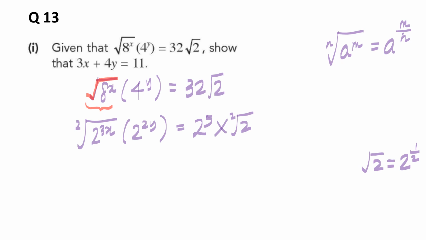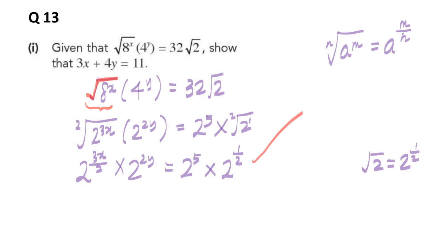So that will give us 2 to the power of 3x over 2. The denominator is the one that's outside your radical sign, the numerator is the one that's inside. Let's change your bracket to times. This one means to the power 1, so that gives you to the power half.